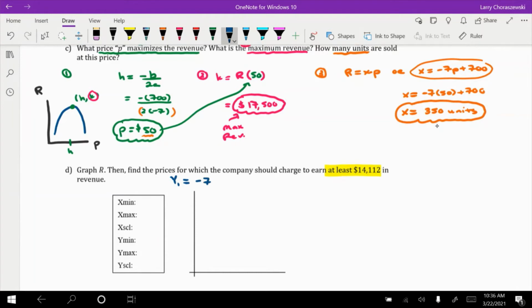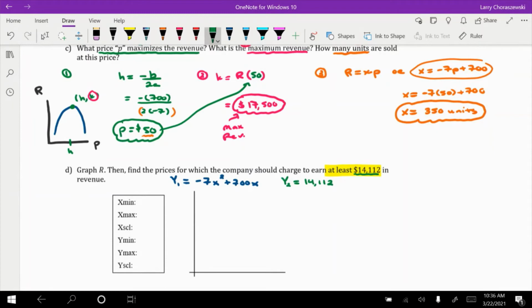Now there is no variable P key in our calculators, so we'll have to use X in place of P. But there should be a second equation as well. And that second equation is going to be based on this value of 14,112. In fact, that's what we'll type in to Y2.